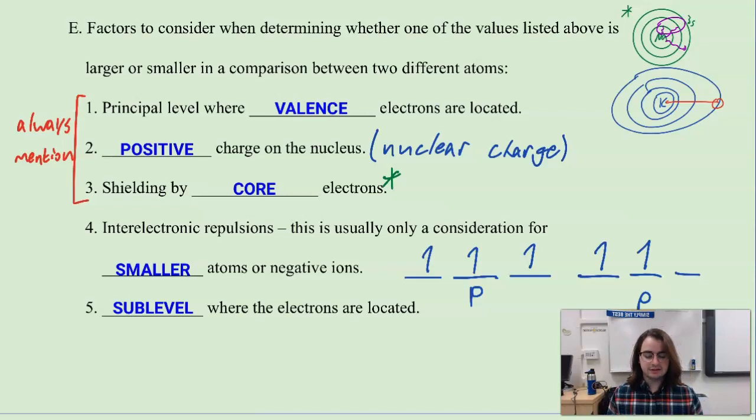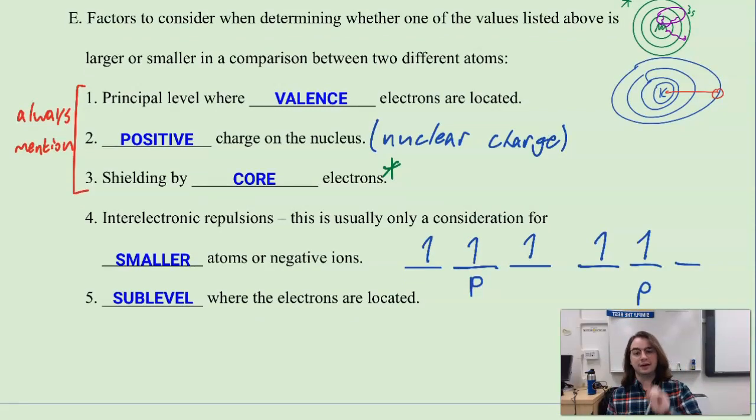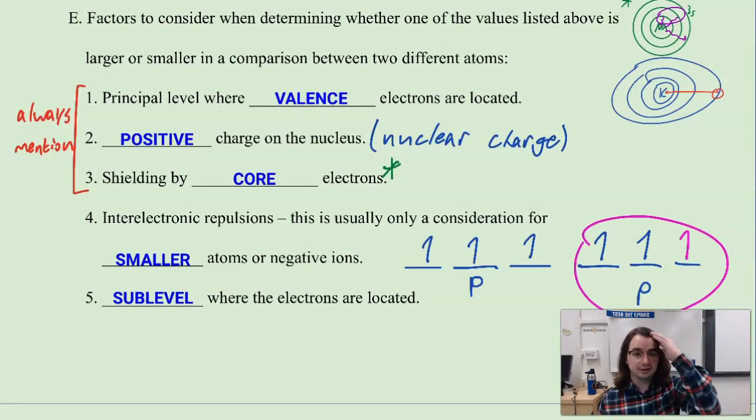Which one of these would be easier for us to add an electron to? You would have to say the second one, because I have all this free extra space. That allows me to add an electron to it easier, which means that maybe if I'm discussing something like electron affinity, this would have a higher electron affinity than the first one, because the first one has to put an electron here.